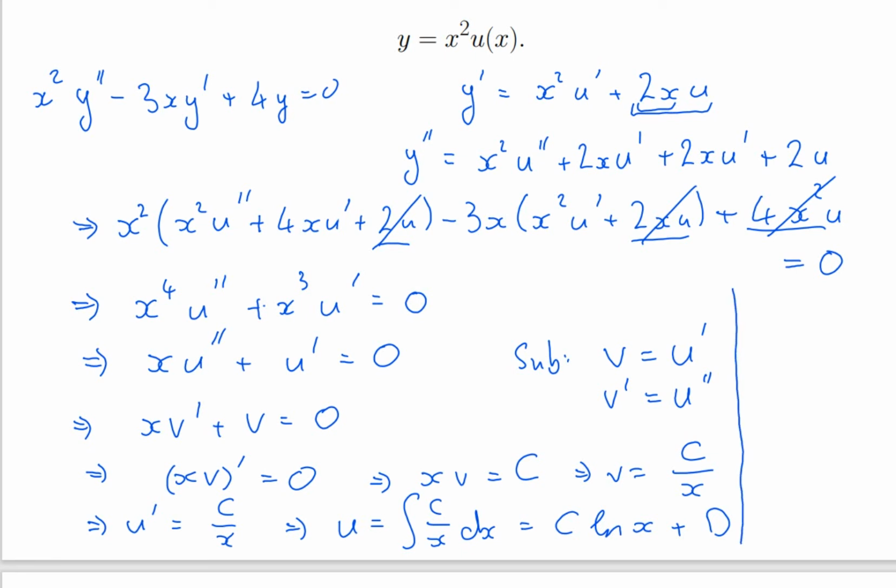I'm running out of space, so y is equal to x squared times c log x plus d. Now the d x squared, I already knew that was a solution, so the new one I get is x squared log x. And in fact, this is the general solution that I've got here.